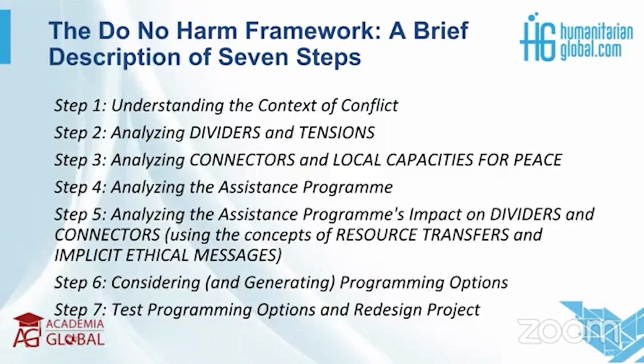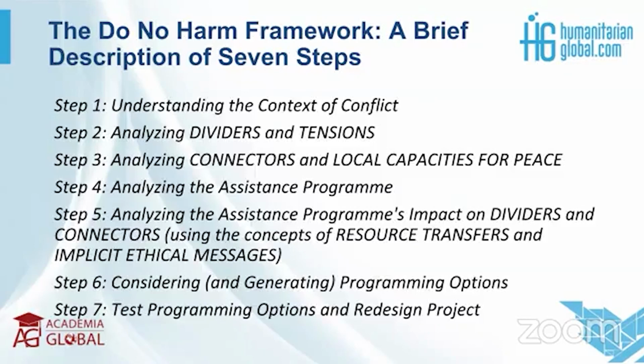Once you've analyzed your intervention and the impact it has on what brings people together or pushes people apart in relation to resource transfer and implicit ethical messages, you move to step number 6, where you consider and generate programming options.